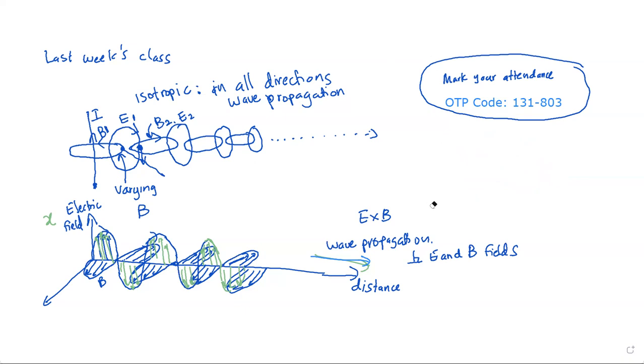Electric field to magnetic field. Actually, a magnetic field can also create an electric field. That's totally fine. But the thing is, we cannot always find these magnets.